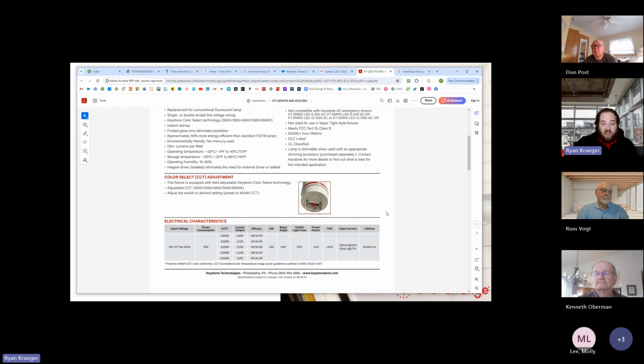I've had applications where one section needs to be 3K, one section needs to be 5K. Some of the 5K gets mixed into the 3K, and now we need to send an electrician back in. They need to get a lift, get up in the air, swap them out. Whereas this eliminates the rigmarole.